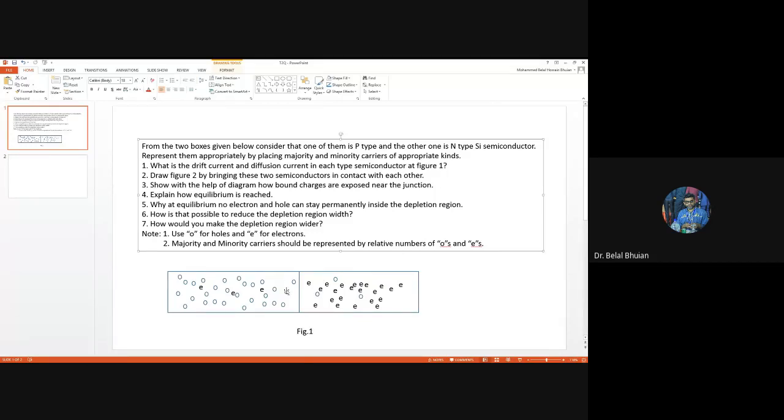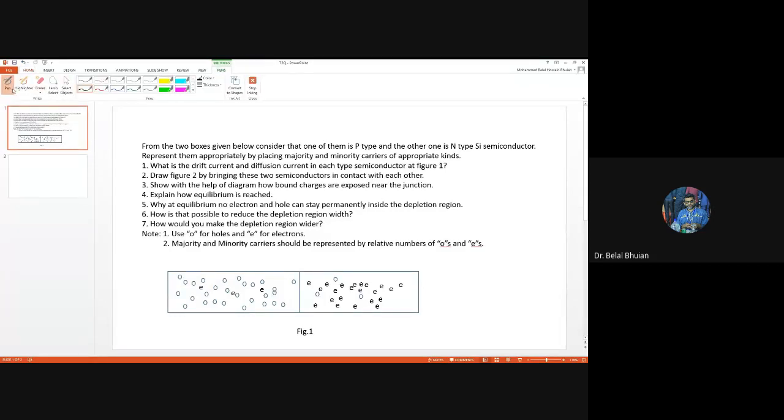Now we already learned that whenever you have a hole, we have to imagine as if there is a negatively charged boron ion, and this negatively charged boron ion and this positively charged hole are neutralizing each other out. For every hole, you have to imagine there must be a negatively charged boron ion.